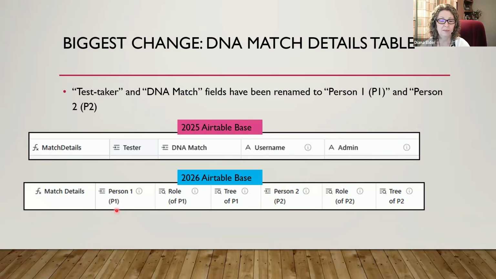This could be your test taker, in which case you would give them the role of a test taker. Or it could be a DNA match, and you're showing the DNA between two matches. So this could be GS, and this could be AR, and they would both be labeled DNA matches. It makes it a little bit more clear about who these people are that we are showing shared data between.